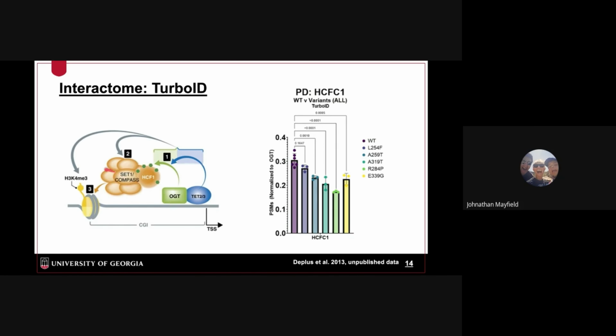So this is going to be something interesting to look into. And this work has a twofold impact. First, it gives us insight into the biology of how these variants could be causing this OGT-XLID phenotype that we see in our patients. But it also can provide potential biomarkers or targets for therapeutics.